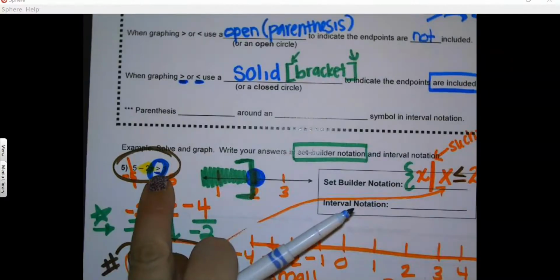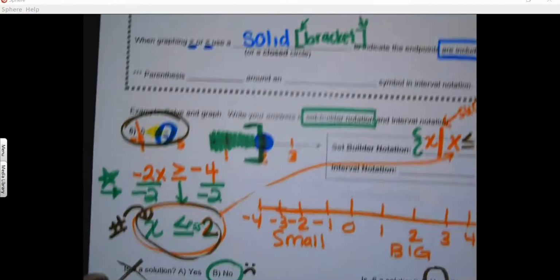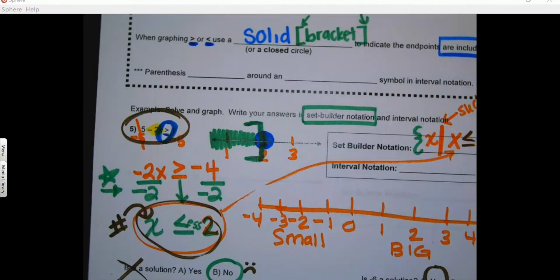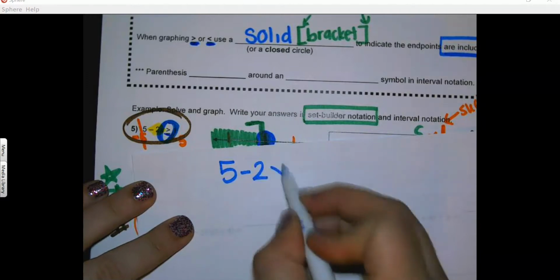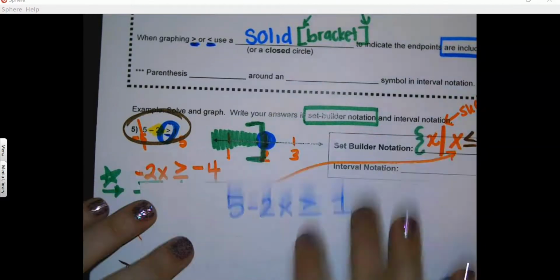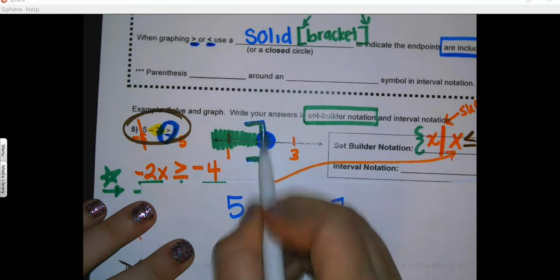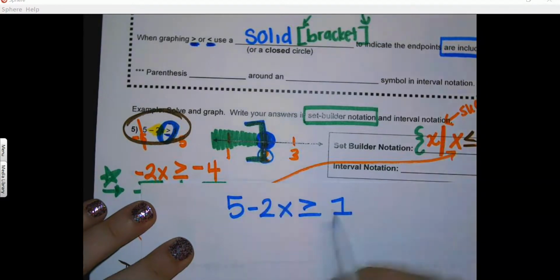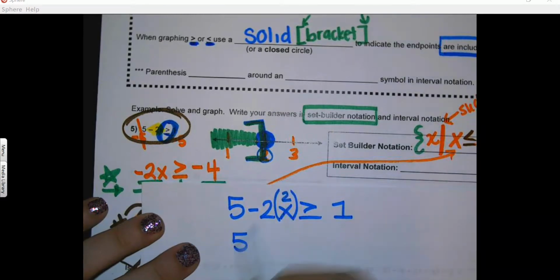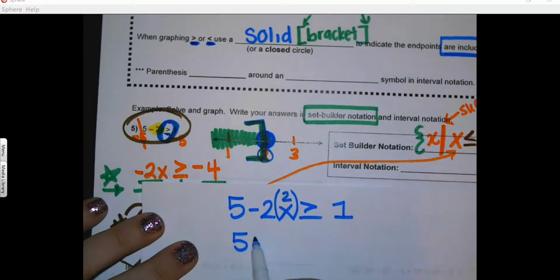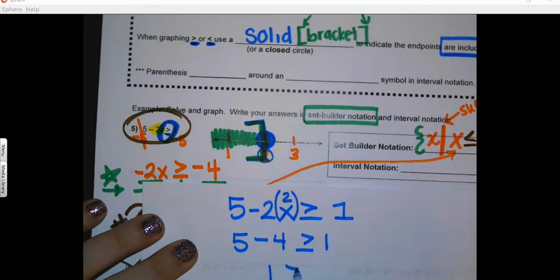So because this has the line underneath, it means that if I take the original problem and plug in this number right here for x, because this is a bracket, so if I put a 2 right here, it's going to work. Negative 2 times 2 is negative 4. 5 minus 4 is 1.